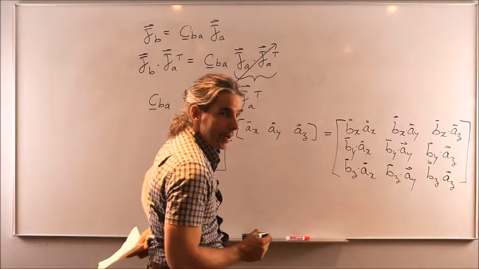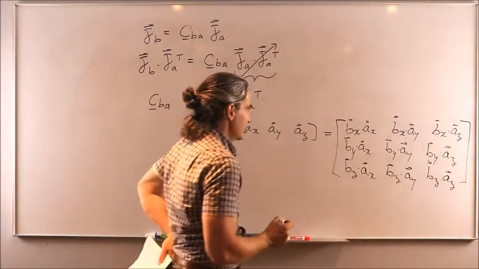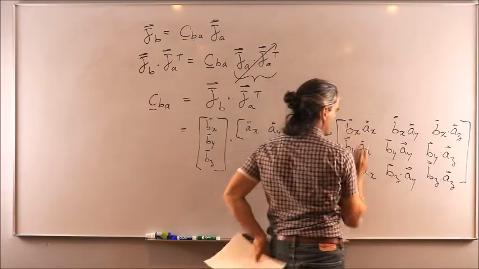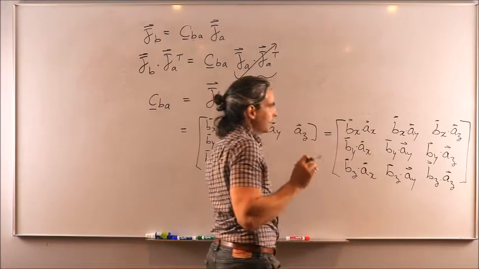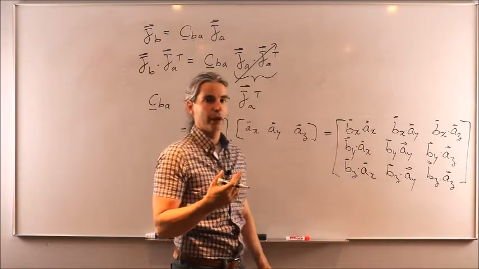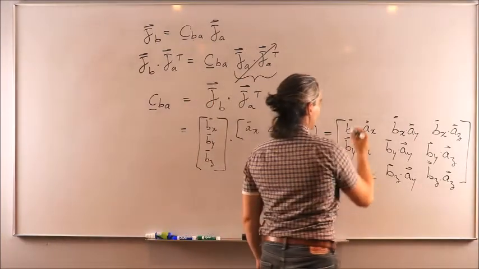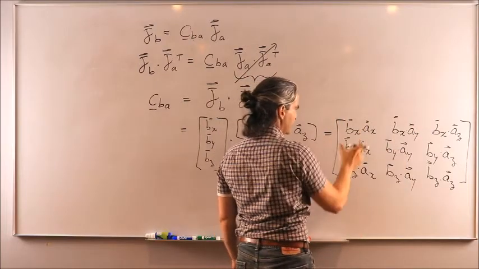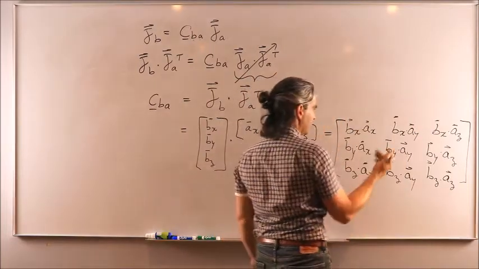Well, hopefully by now you remember that the definition of the dot product is magnitude of the first one times magnitude of the second one times the cos of the angle between both vectors, right? Well, it turns out all these are unit vectors, so magnitude of the first times magnitude of the second will always give you 1.